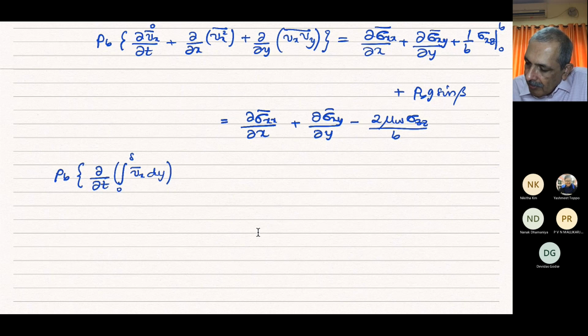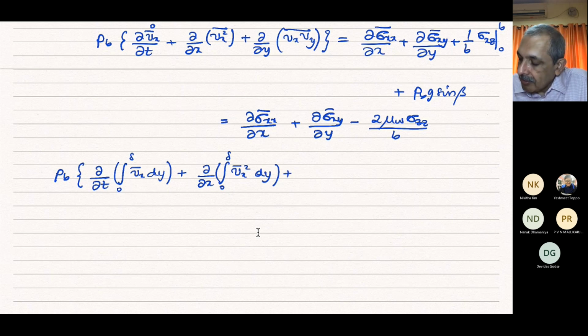Then the second term will be del by del x, and then integral of vx squared dy from 0 to delta. And now the third term you can just integrate, so it's just Vx Vy bar evaluated between 0 and delta.